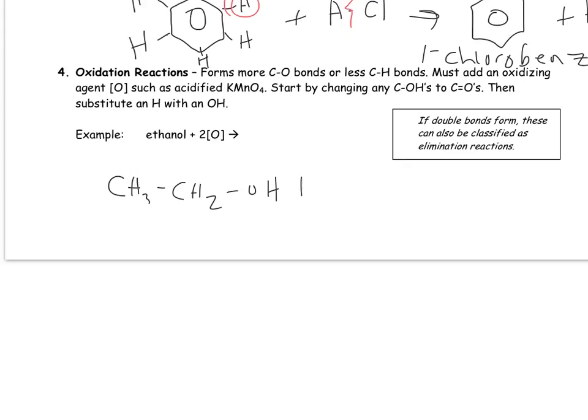And I'll show you this step by step. So with the first oxidizing agent, it's going to attack this OH group and change it into a double bond. So that changes my alcohol into an aldehyde.